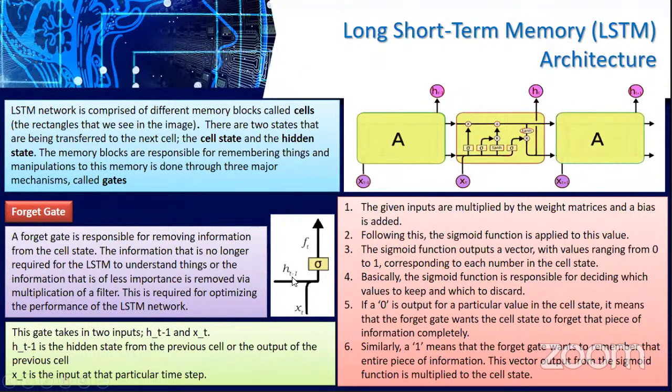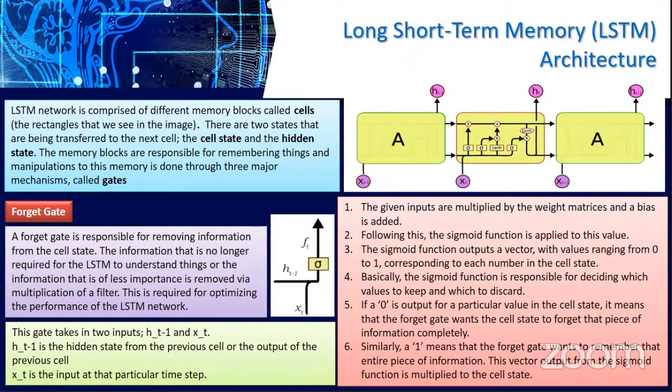Once this is provided, the inputs will be multiplied by the individual weight matrix and added with a bias, because we already told you it is Wx plus b.